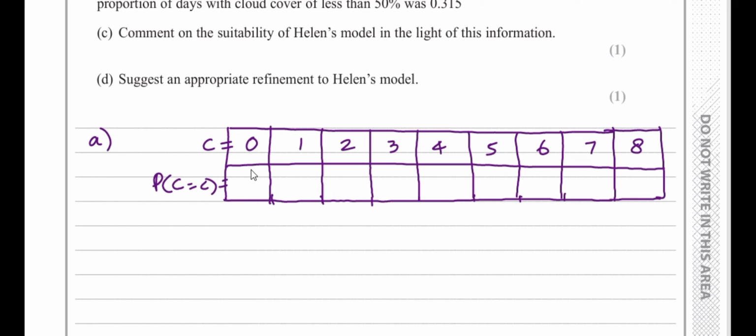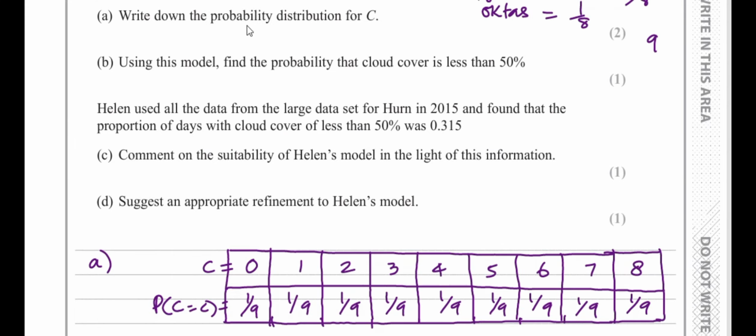Therefore, this will be 1/9. This also 1/9. Each one will be 1/9. So this table is enough to represent the uniform discrete distribution for the outcomes.